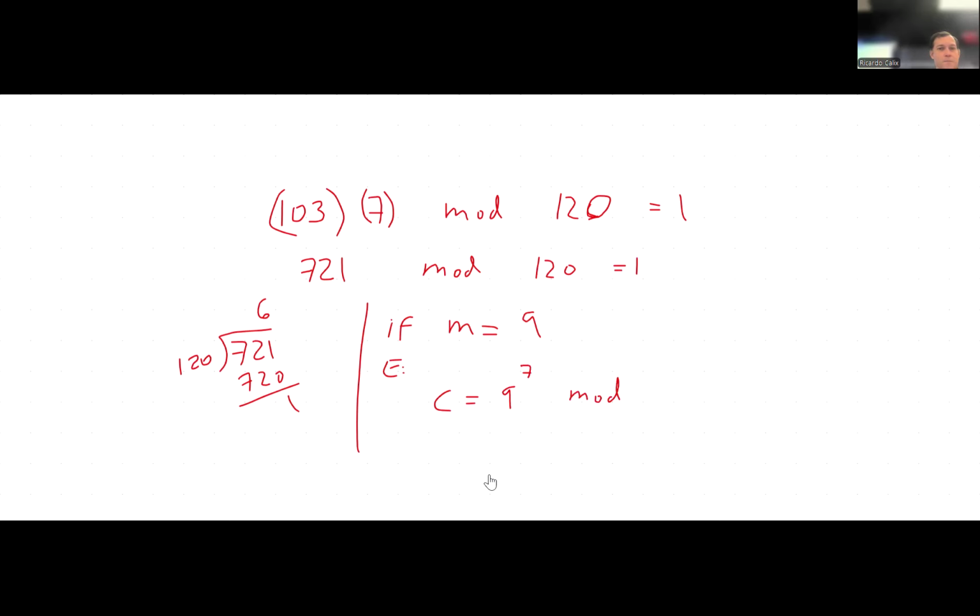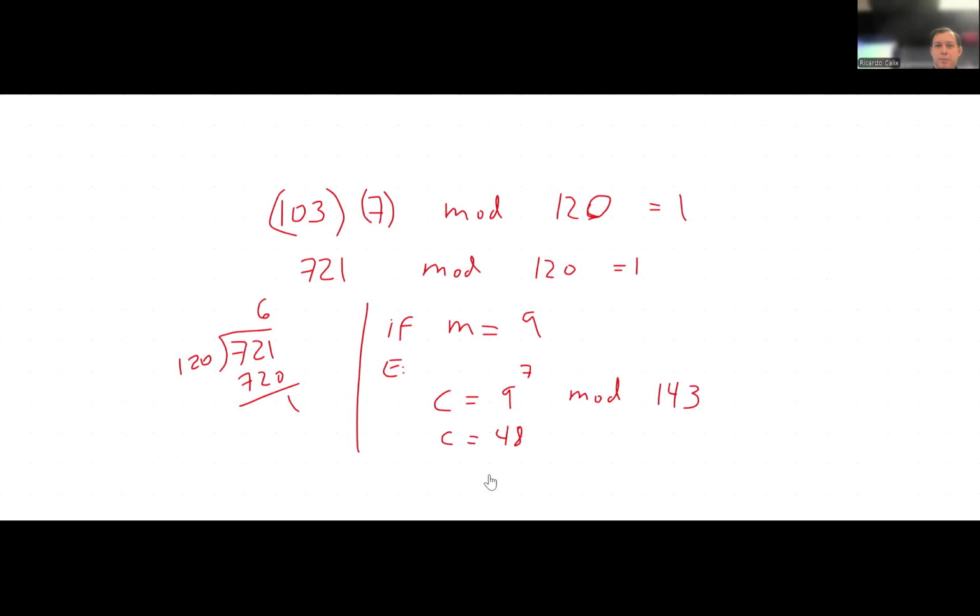What was n? 143. Thank you. 143. And this should give us a C equal to 48. So that's your encrypted cipher, basically, for RSA.